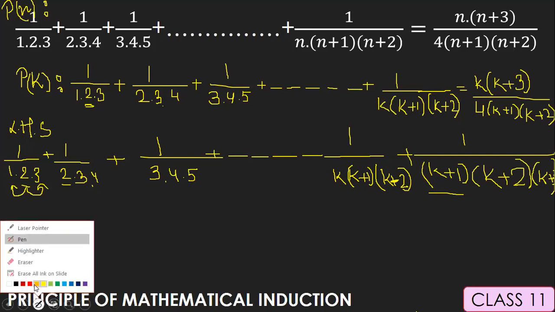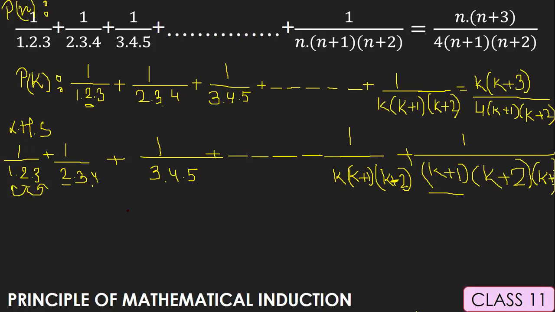Here, as you could see, from this term till this term, the problem statement value is this value. So you need to place this value instead of this statement. Now let us place the value.